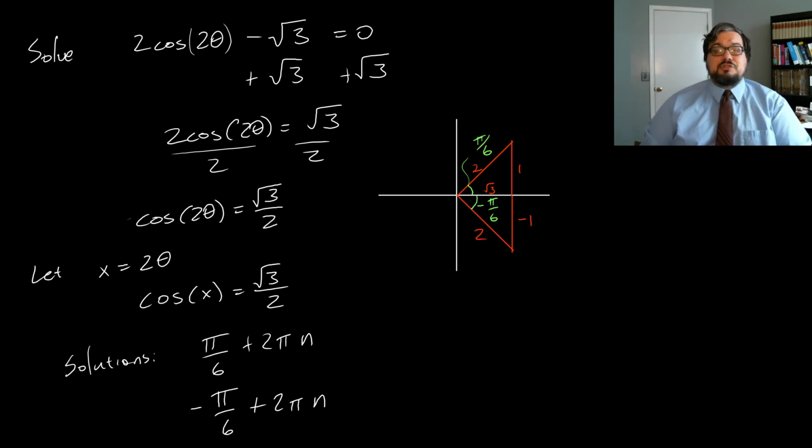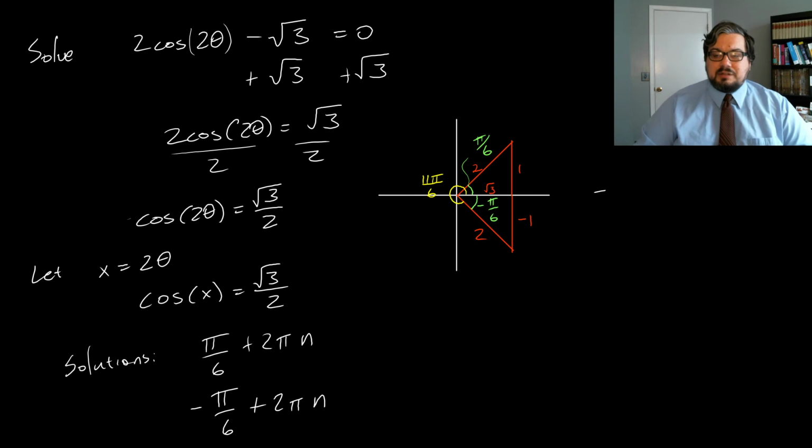We just need to make sure that we include all solutions to this equation that occur within a whole rotation of the circle around the origin. So we can use pi over 6 and negative pi over 6. Of course, we could have also used 11 pi over 6 instead of negative pi over 6, but that would give us the same family of solutions.